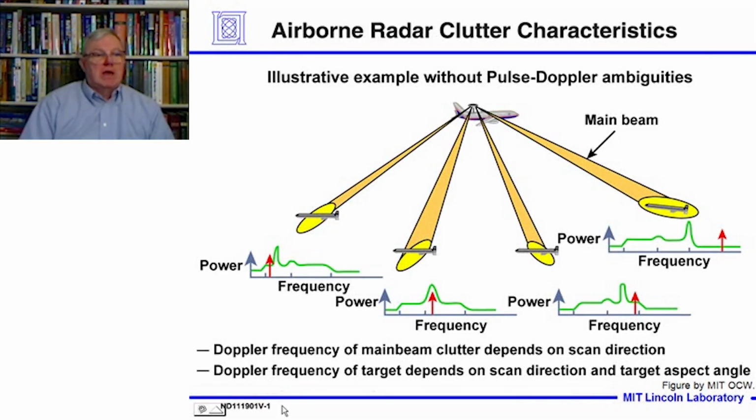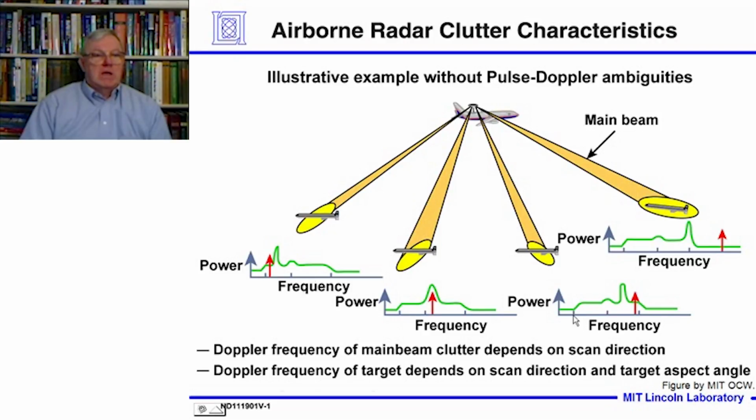In addition to that, the Doppler frequency of the main beam clutter, that's the clutter in the main beam, depends on the scan direction. If the antenna is looking tangential to it, the Doppler of the clutter is 0. Whereas if it's looking in the direction that the plane is moving, it's going to have a high Doppler component going one way, or if it's looking backwards, high Doppler component the other way.